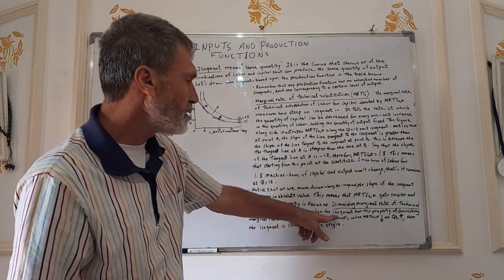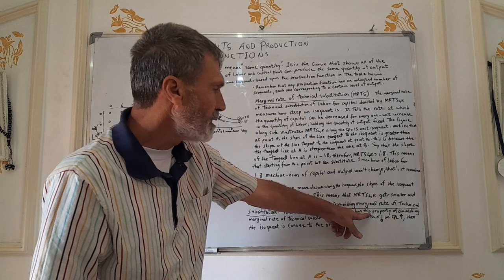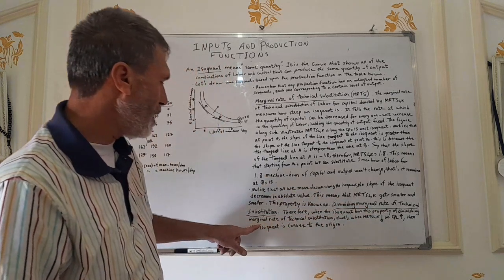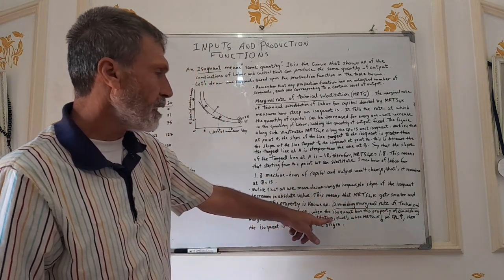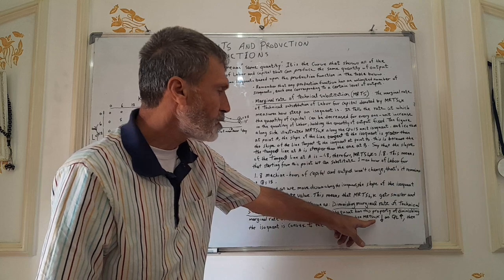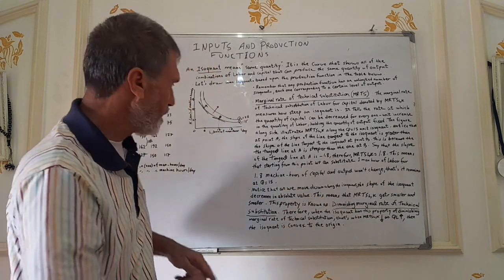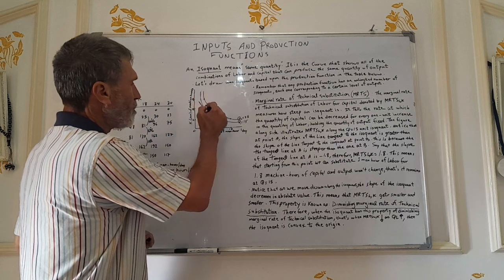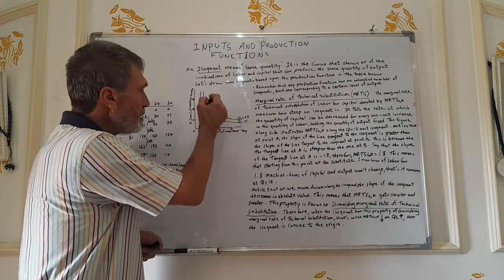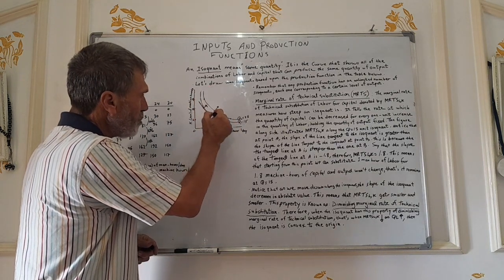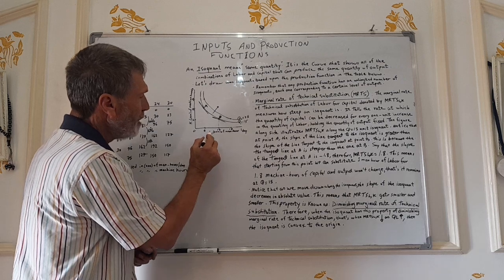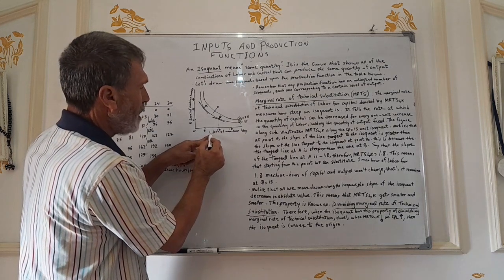Therefore, when the marginal rate of technical substitution decreases as the quantity of labor increases, going from A to B as the units of labor increases.